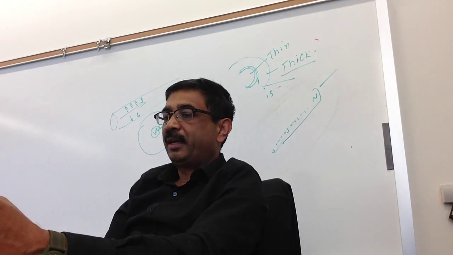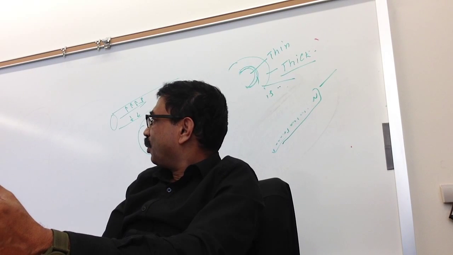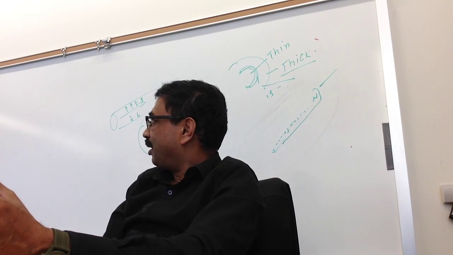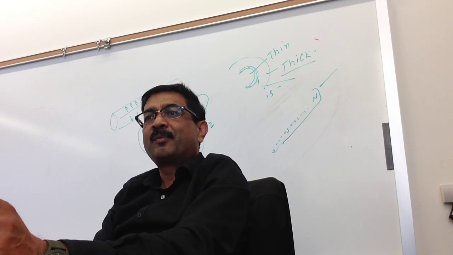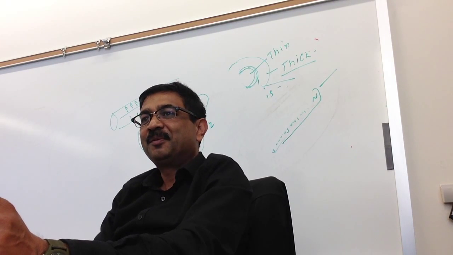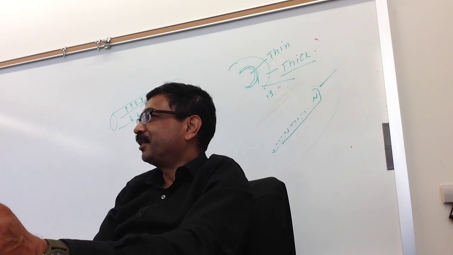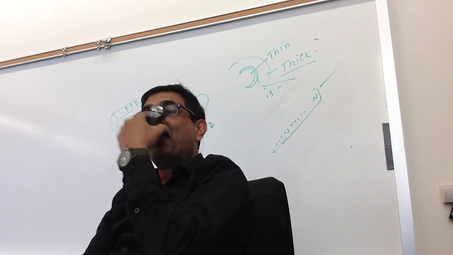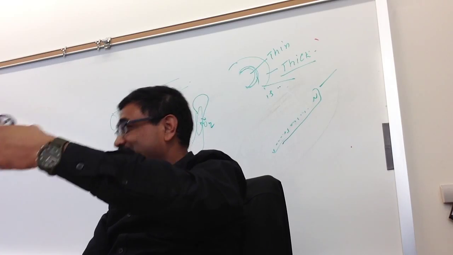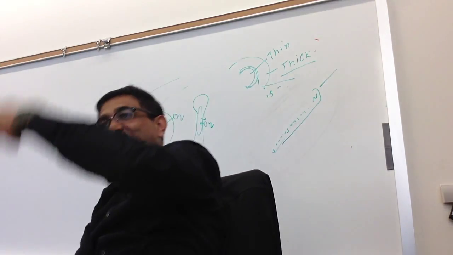Count of the red blood cells. In 1 microliter of blood, is 1 microliter a lot of blood or a very small amount? A lot or a small? Micro means 1 milliliter is 1,000th of a liter, right? And 1 microliter is further 1,000th.